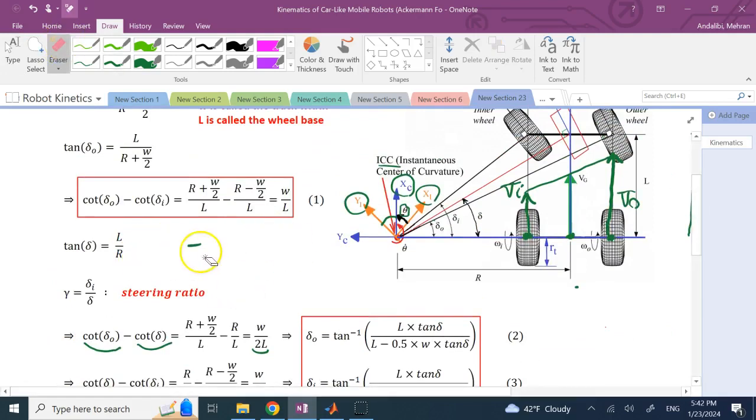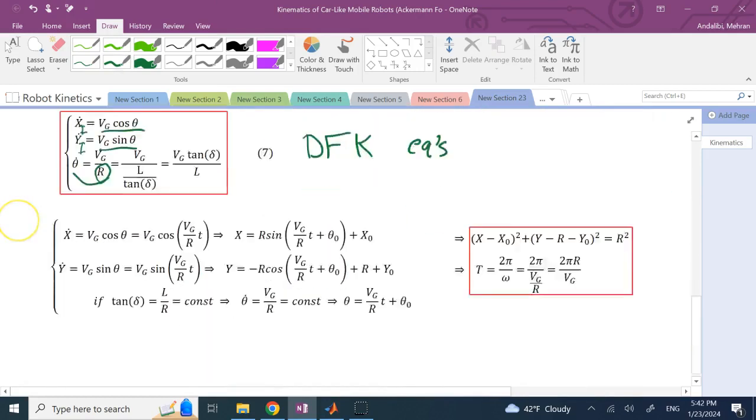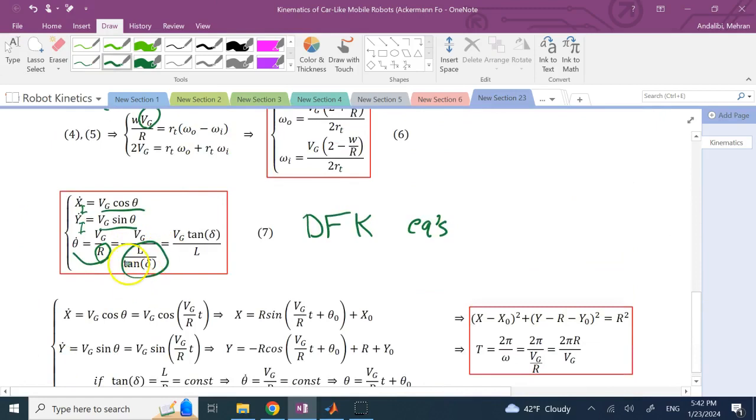From here, I can find R. So from here, R is L over tangent of delta. So I get this R and plug it down here. And you can simplify your theta dot to be VG tangent of the steering command over L. So these three equations in equation 7, these are the differential forward kinematics equations of the car, basically car-like robot or any car.